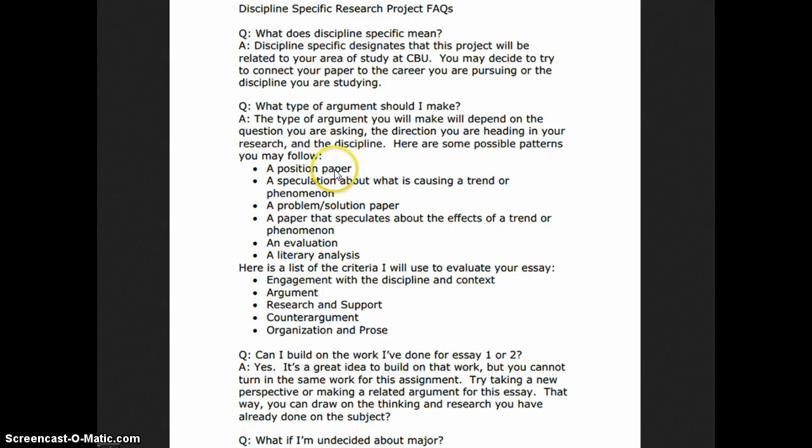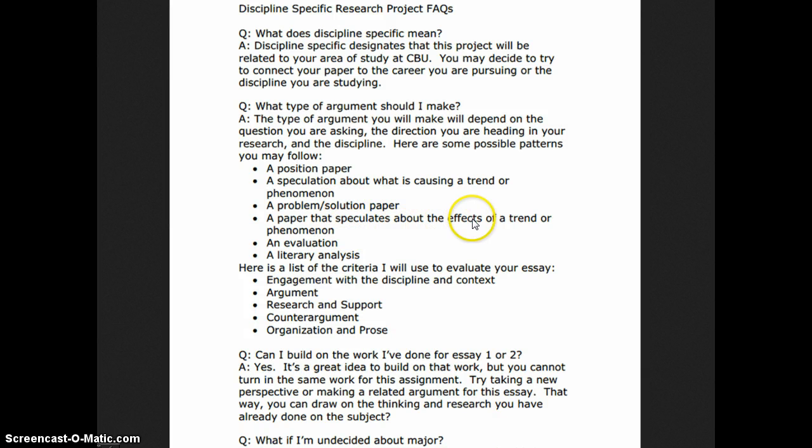You can do a position paper like we did in week 1, where you take a controversial issue, take a stand and argue it. You might want to speculate about what's causing a trend in the economy, or if there's a specific phenomenon, some strange thing that's not really explainable, and you want to speculate a cause. Perhaps you want to present a problem and then offer a solution.